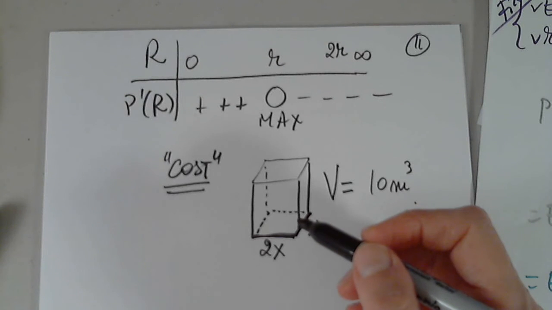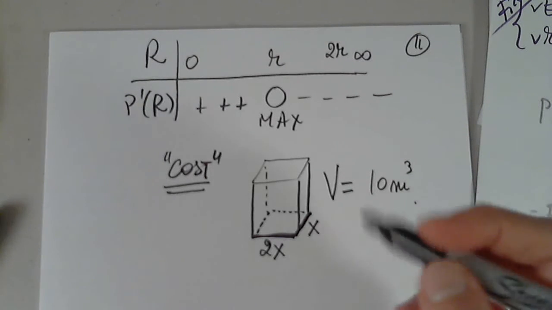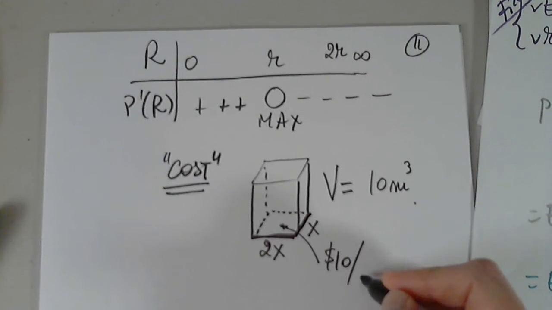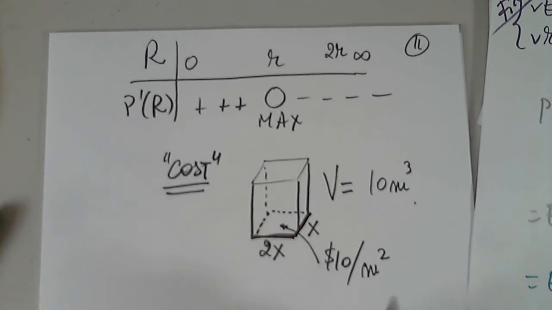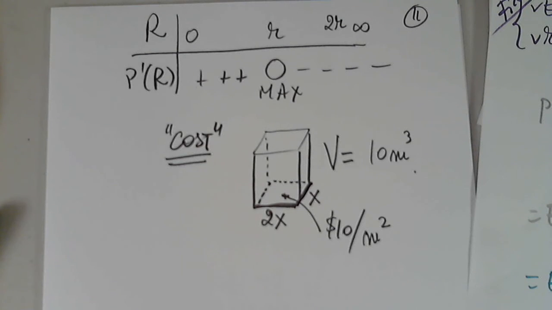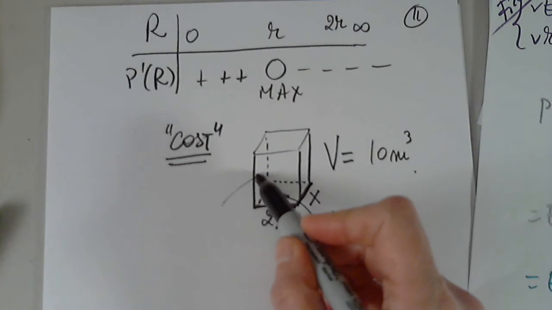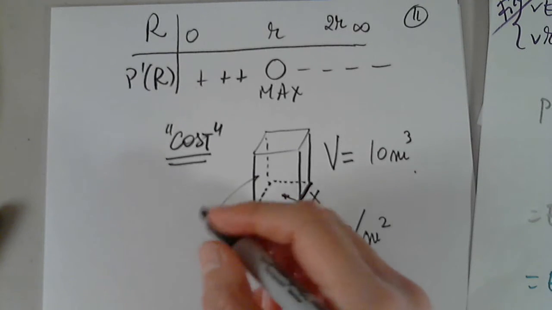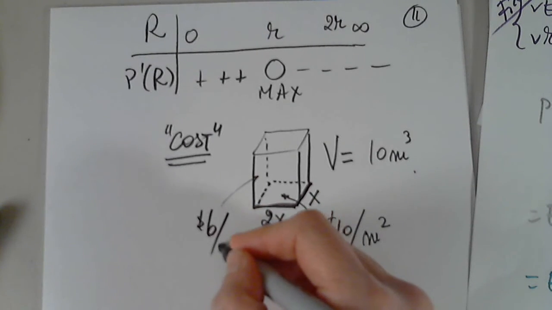Material for the base costs $10 per square meter. Material for the sides costs $6 per square meter.